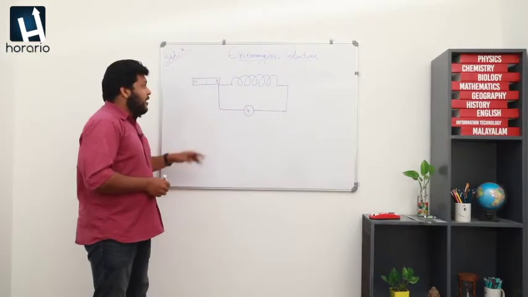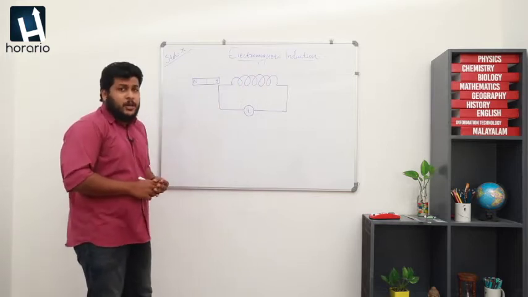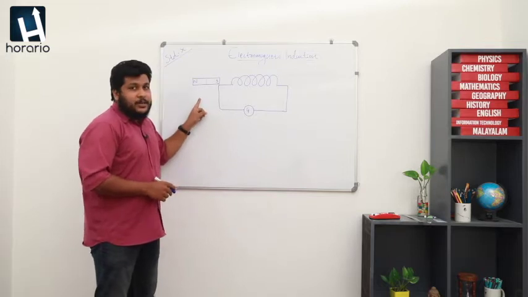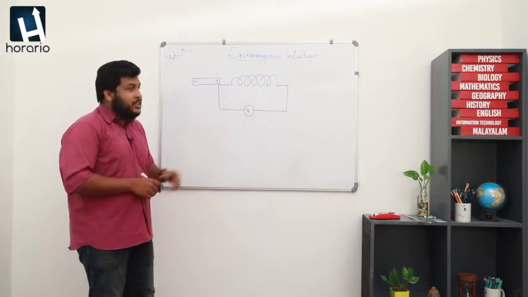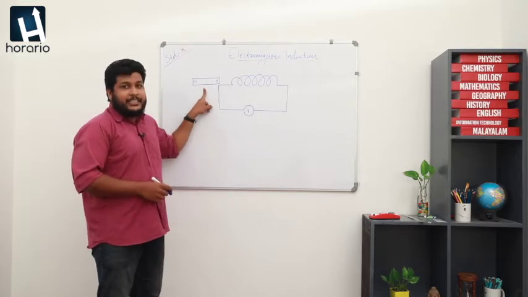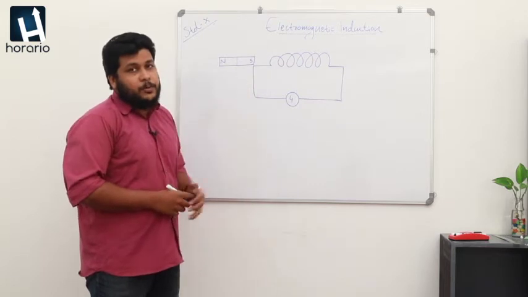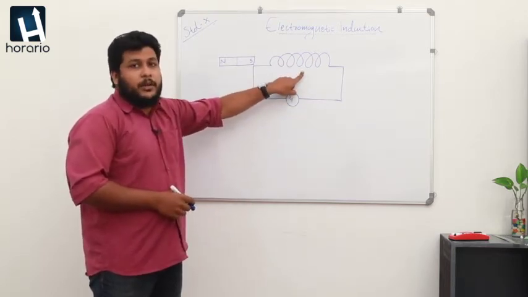Okay students, when we are discussing electromagnetic induction, our third chapter, we are starting with a small experiment. In this figure, you can see three equipments drawn here. The first one is a magnet, which has a north pole and also a south pole. And this, you all know, is a solenoid.